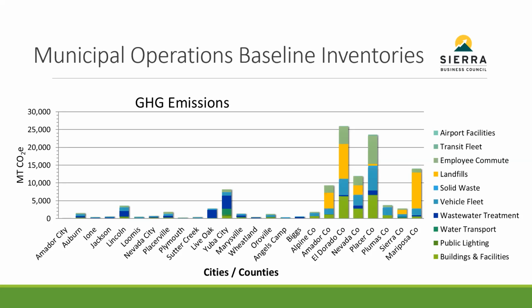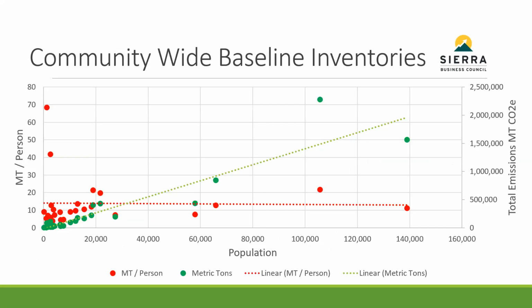The next slide shows results for community-wide baseline inventories. These are mostly, but not exactly, the same jurisdictions as were shown on the previous slide. These are the original baselines that we did back in 2011 or so, and they're plotted against population. So it's a little bit different way of looking at it.